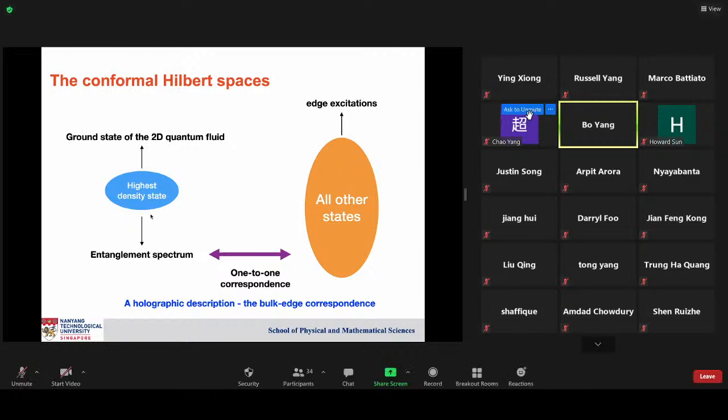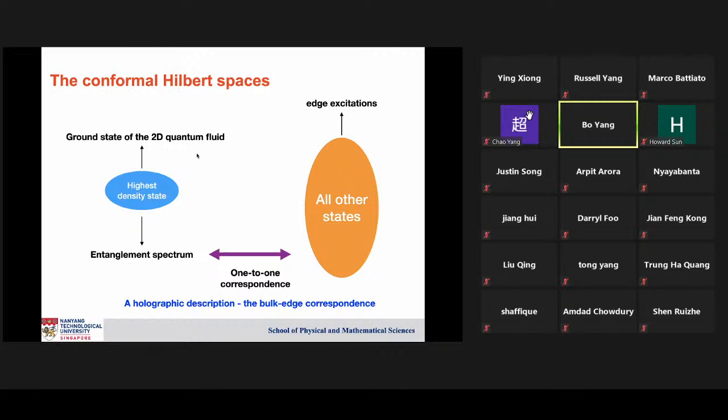Now, if you look at the entanglement spectrum of the ground state, there is a one-to-one correspondence between the counting of the entanglement spectrum and all of the other edge excitations in this particular Hilbert space. That's a very important structure, which is the reason why we say there is a bulk-edge correspondence or holographic description in this Hilbert space. It can be constructed by the conformal symmetry, but that's something we don't have to go into now.